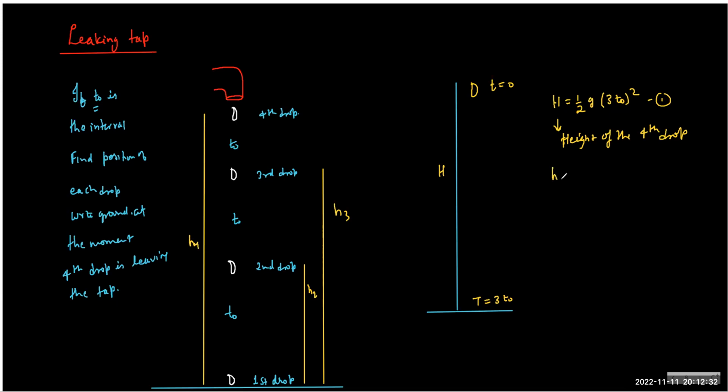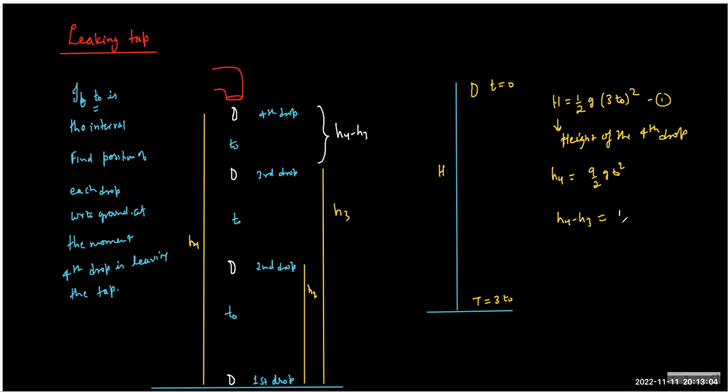So H4 is how much? 9/2 G T naught square. How to get H3? So H3 from bottom we need, na? So from top it is how much? You can check. From here to here, this is. And how much it is away in terms of time from the top? It is only T naught away.